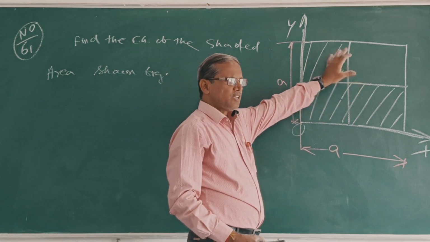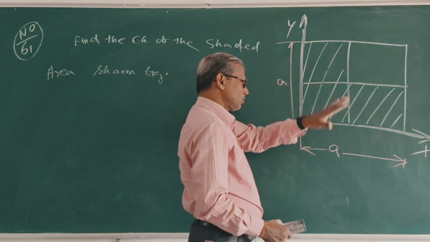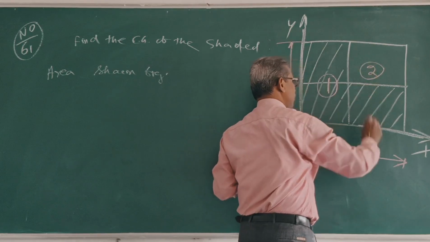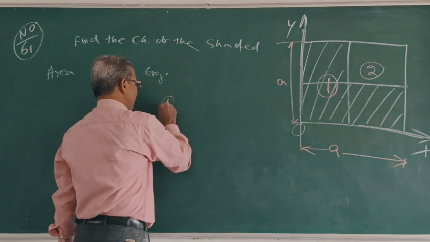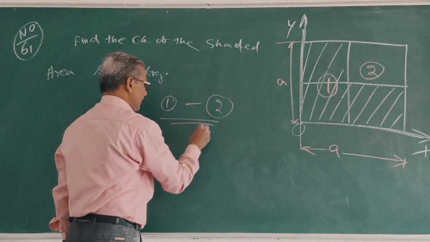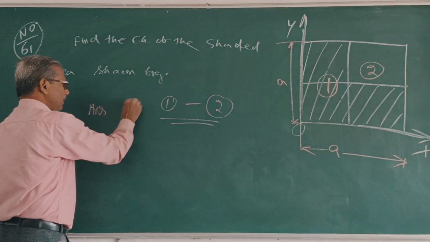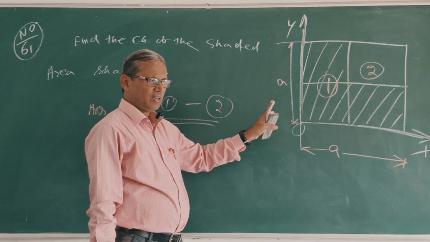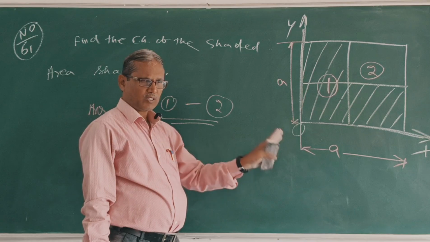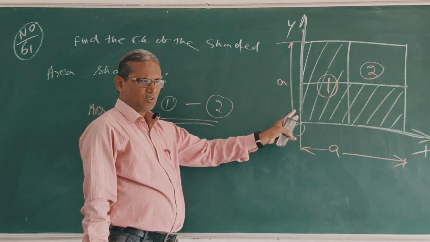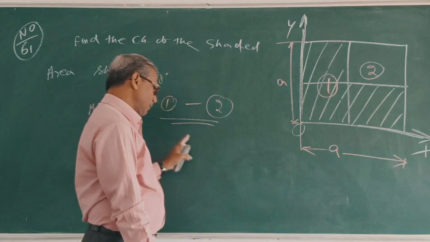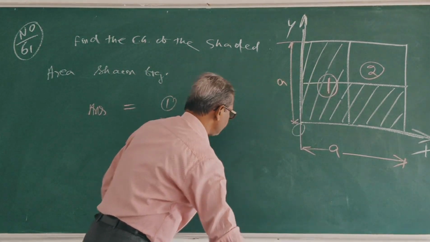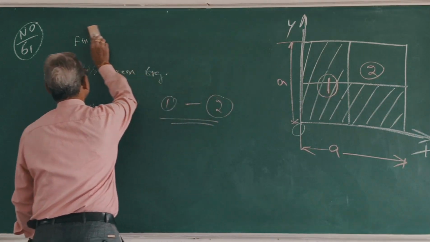If you take the whole square as 1 and this as 2, what is the answer? 1 minus 2. Clear? The answer is 1 minus 2. First find out for 1 what is the area, what is x1, what is y1. For 2, what is the area, what is x2, what is y2. Then apply this formula. Clear? Now for 1.